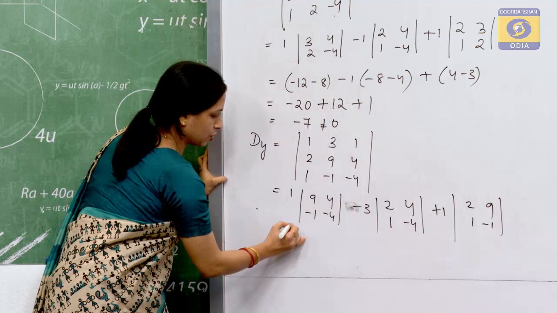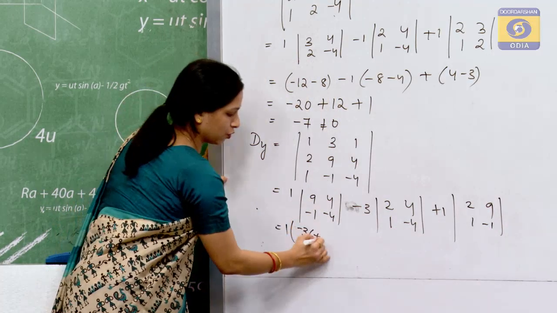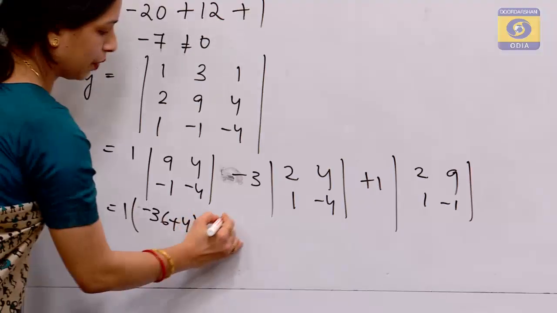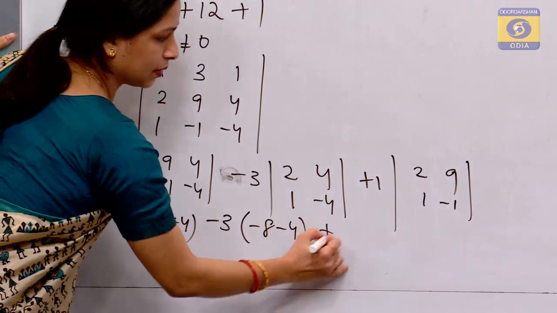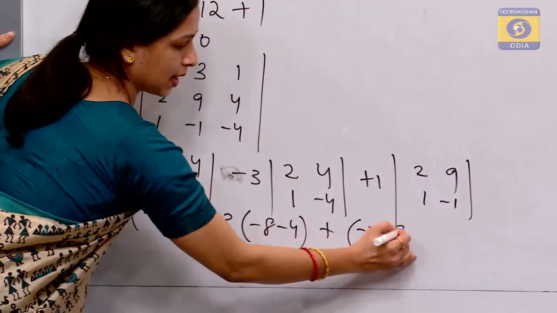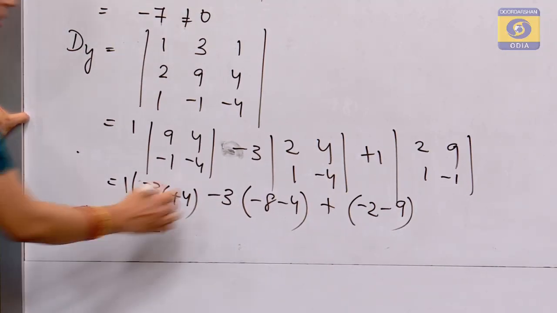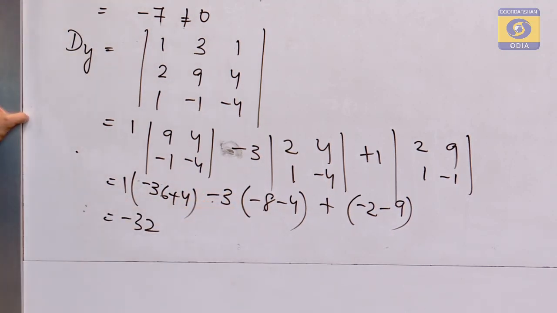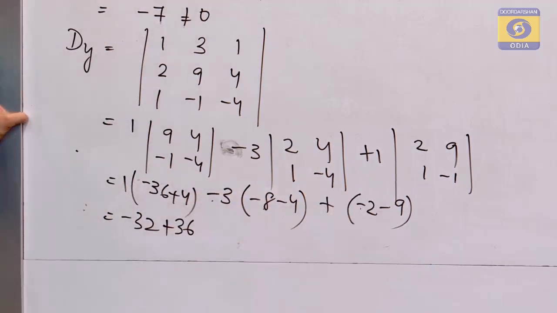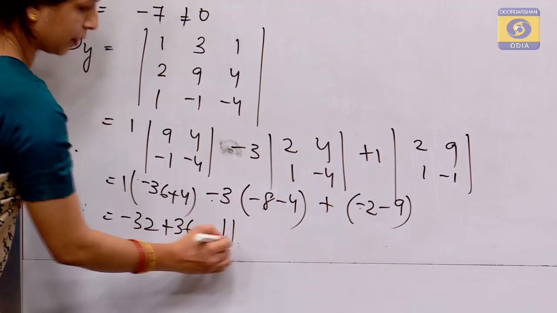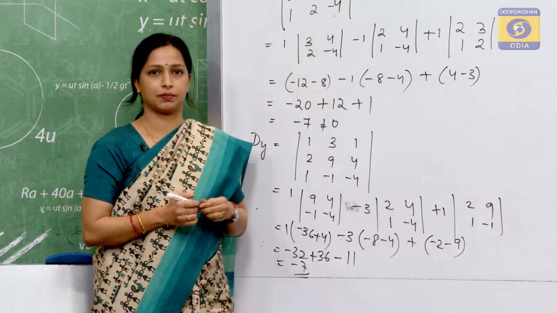So, here we get minus 36 minus minus 4, so plus 4, here we get minus 8 minus 4, and here we get minus 2 minus 9. So, here we are getting minus 32, this is minus and minus 12, so minus becomes plus 36, and this is minus 2 minus 9, so that is minus 11. Okay. So, again the answer will be minus 7.